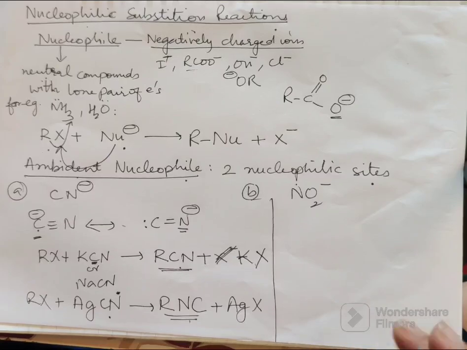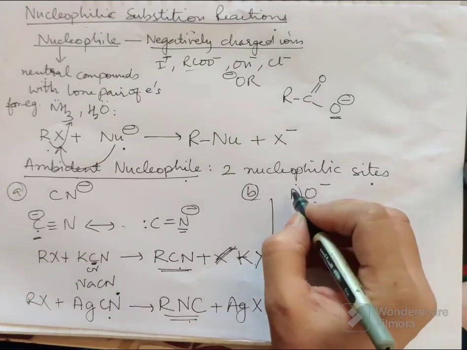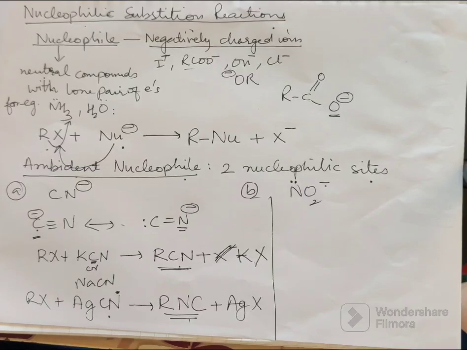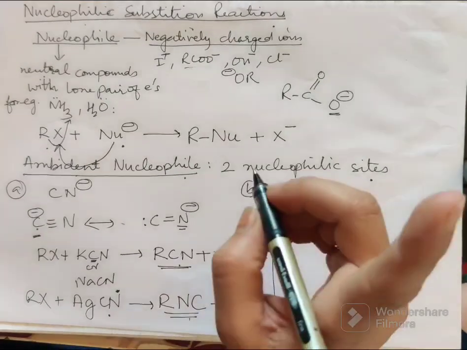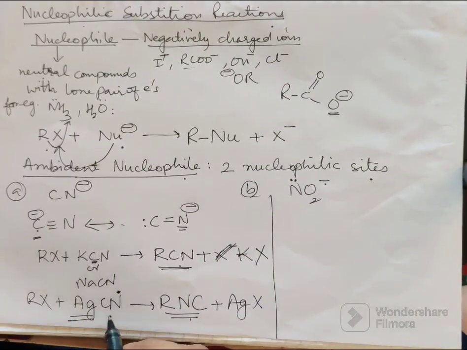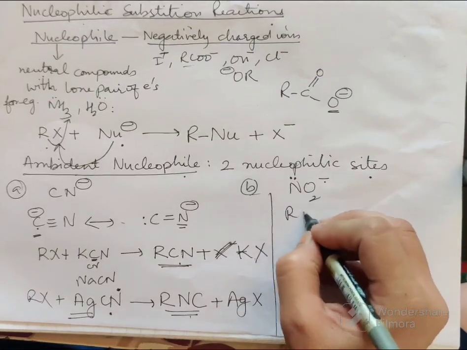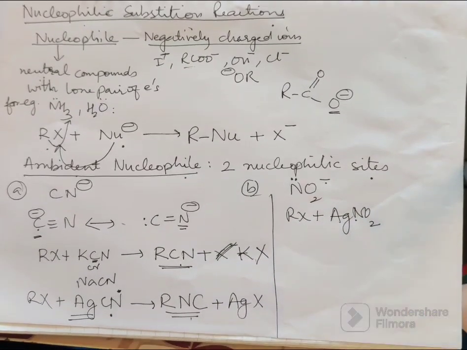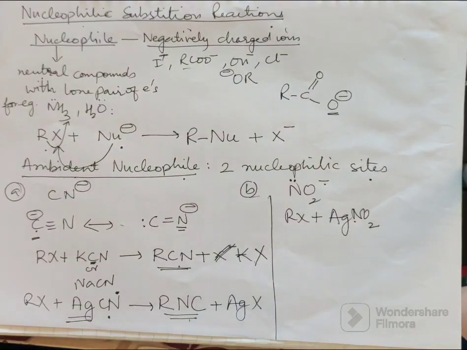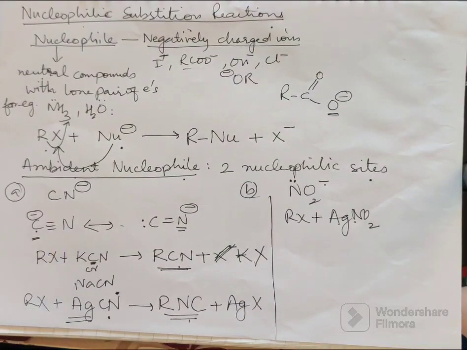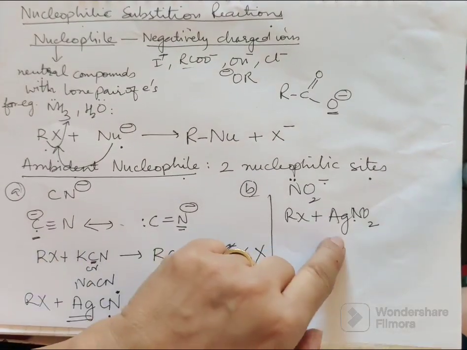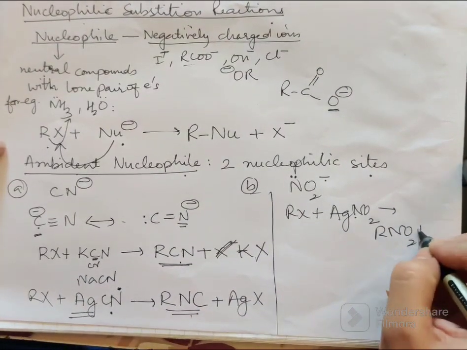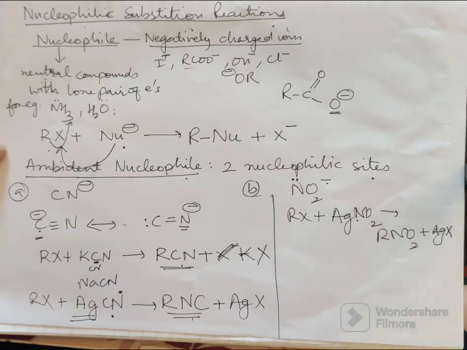Similarly, NO2 minus. This also has two resonating structures and it can attack through the lone pair on nitrogen or negative charge on the oxygen atom. Again, remember one thing. Whenever it is silver cyanide or silver nitrite, the bonding is through nitrogen. If the ambident nucleophile is bonded with silver, AgCN or AgNO2, bonding is through nitrogen. So you will get RNO2 plus AgX.